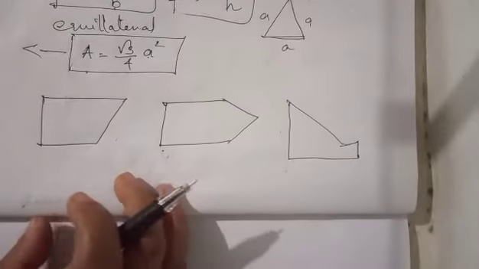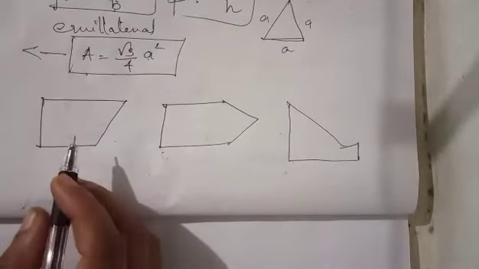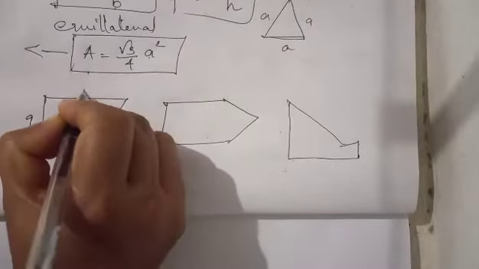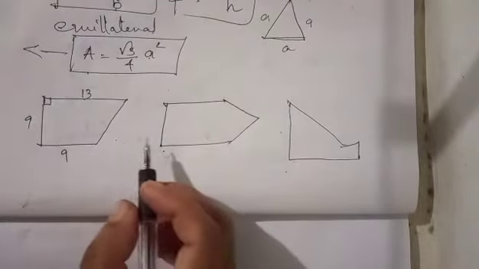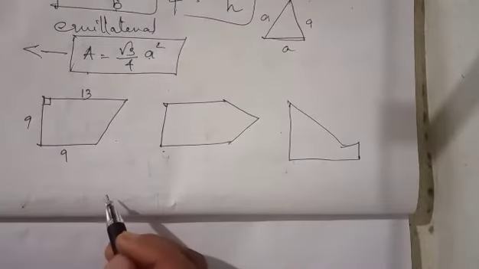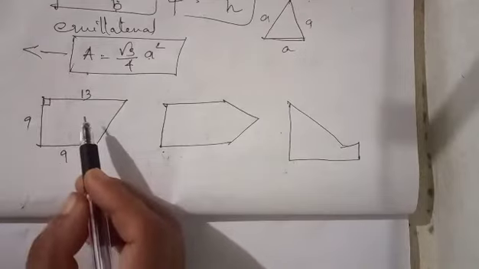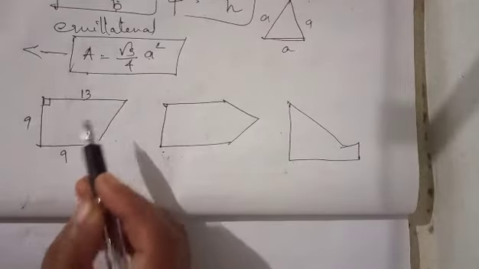Now some figures whose area we can calculate. One figure is given like this. One side is given as 9, and 9. This side is 13. This is a rectangle. How do we find the area of this figure? We don't know how to find the area of this 5-sided figure. But we know the area of a square, a rectangle and a triangle.